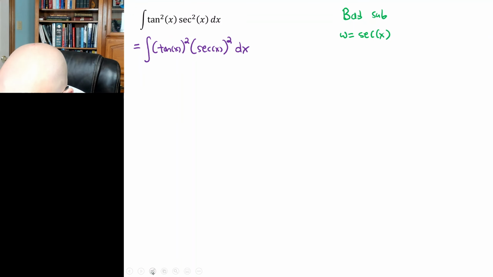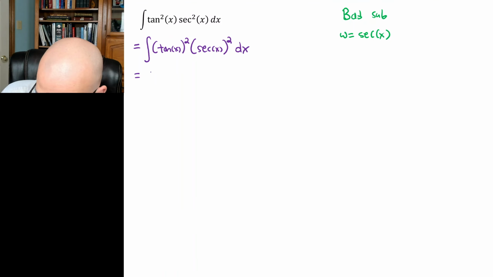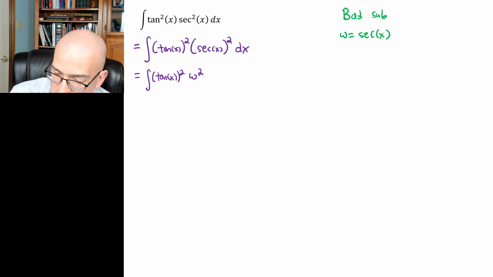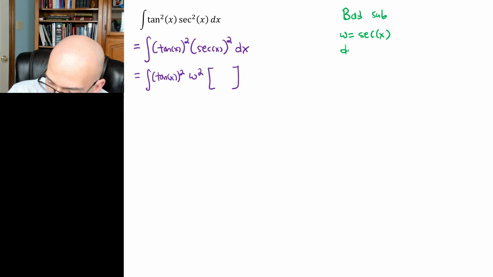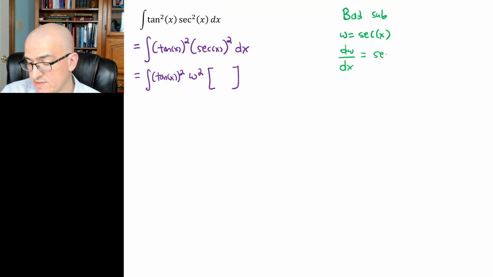So that allows me to rewrite the expression. I have a tan of x that's still there. Now secant of x squared becomes w squared. Now I've got to replace the dx. So I'm going to take a derivative, dw by dx. Derivative of secant of x is sec x tan x.